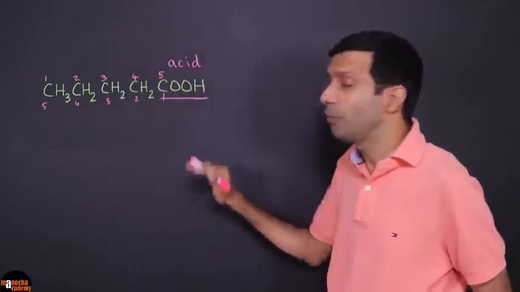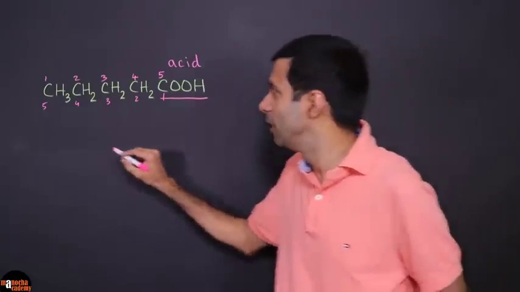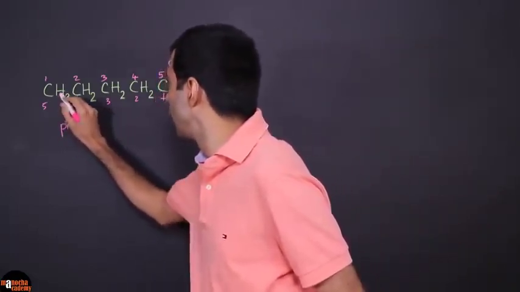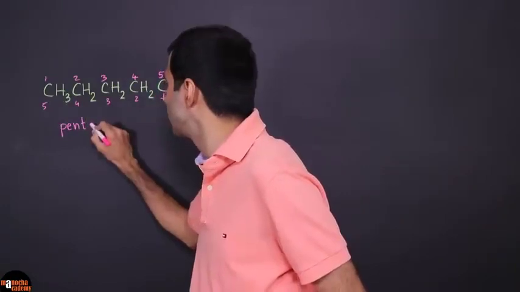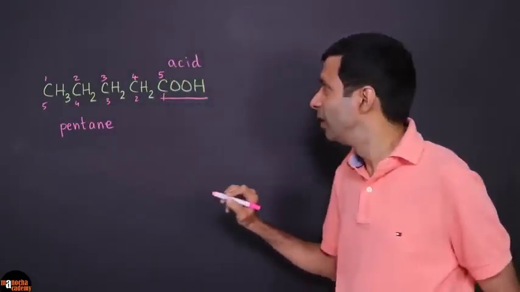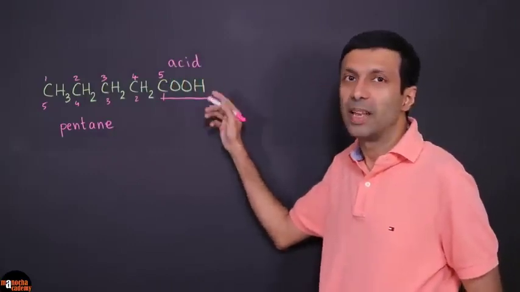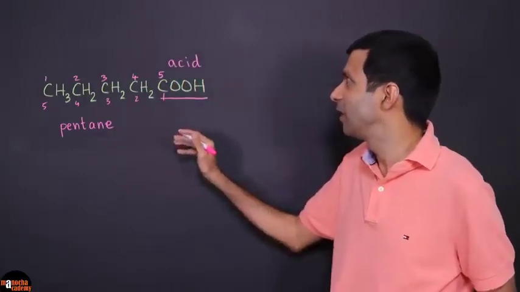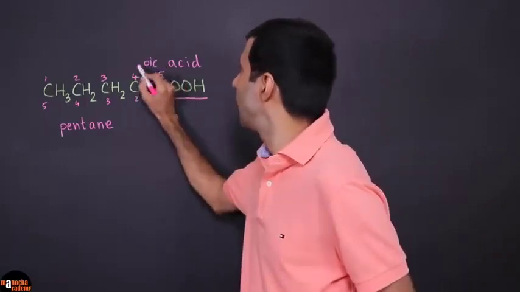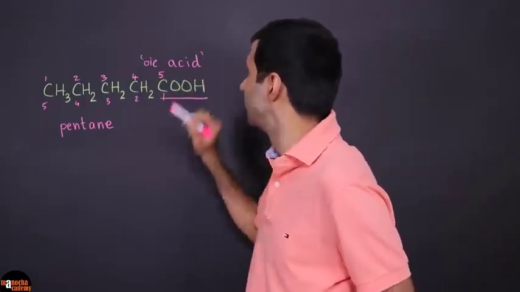Okay. So if we ignore the functional group, the name would have been pent, because 5 carbons and all have single bonds between the carbons. So it would have been pentane, right? But this functional group's name will come in the suffix. And for acid, the suffix is going to be oic acid. That gets added.